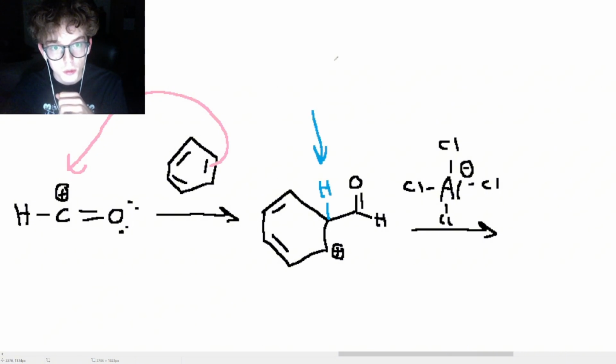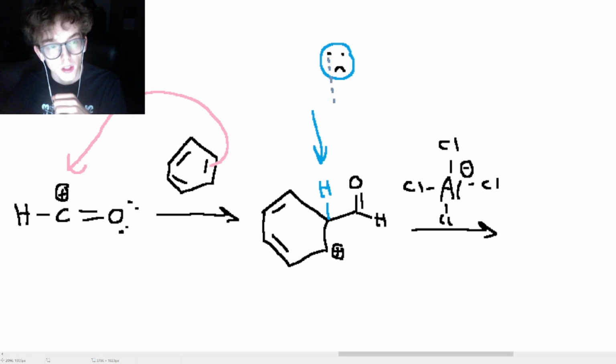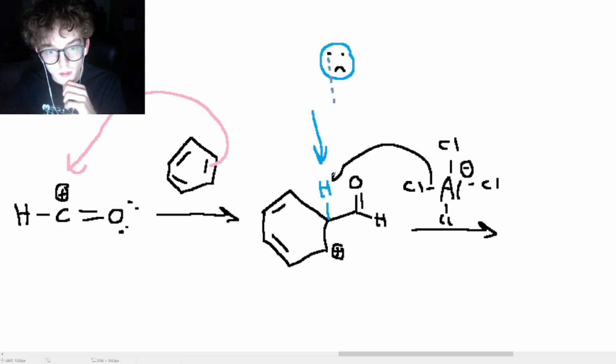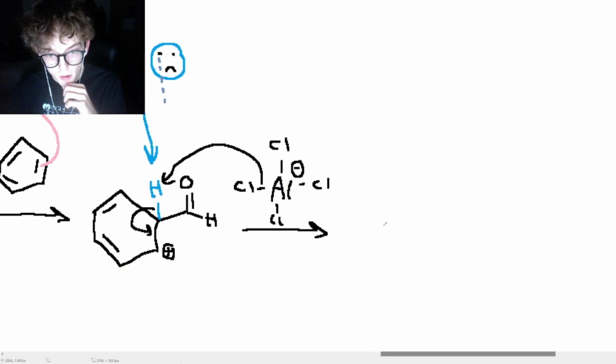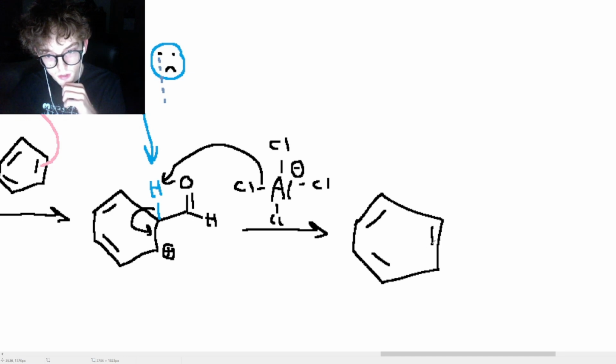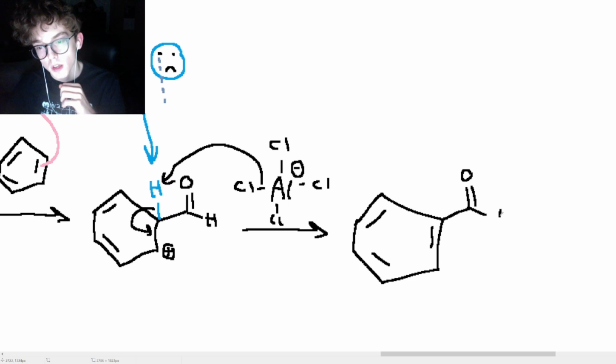If we were to zoom in on this hydrogen, we'd see a little sphere, and we'd see a little sad face, and we'd see teardrops begin to fall on this hydrogen, because you know what's going to happen to it? Well, it's going to get eliminated, and we are going to get our final amazing product of benzaldehyde, and that is the mechanism of Gattermann-Koch.